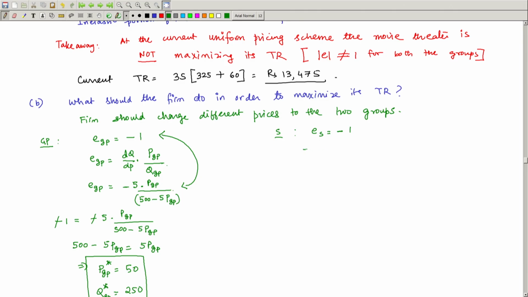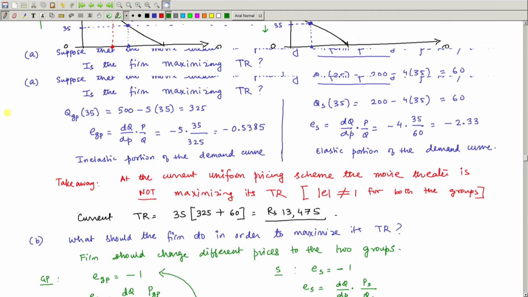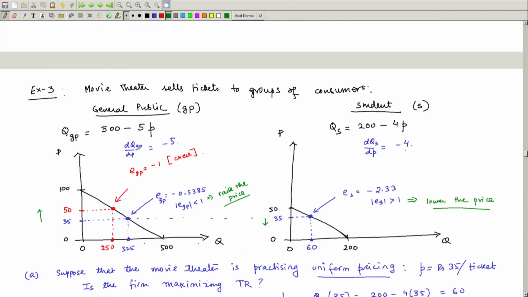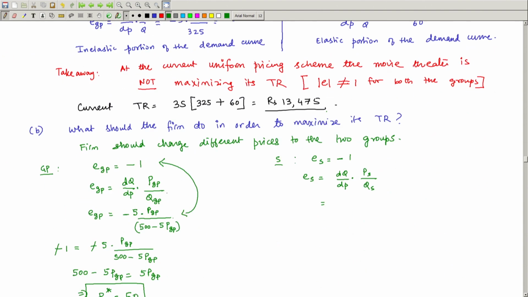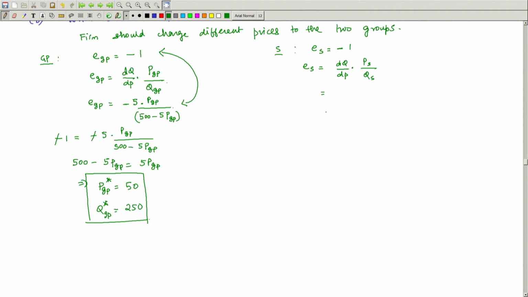In general, E_S will be equal to dQ_S/dP times P_S divided by Q_S. And I can write this dQ/dP from the demand curve as -4 for the student group. So, this is going to be equal to -4 times the price divided by the quantity.